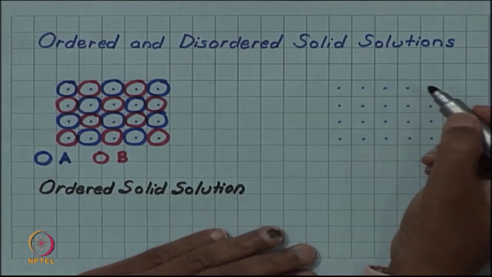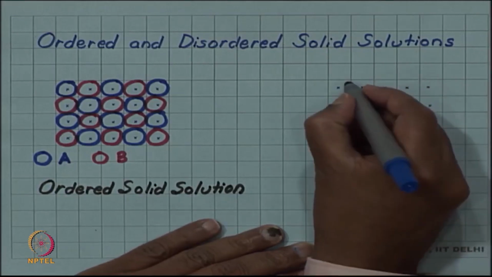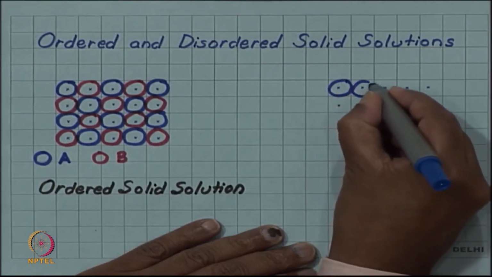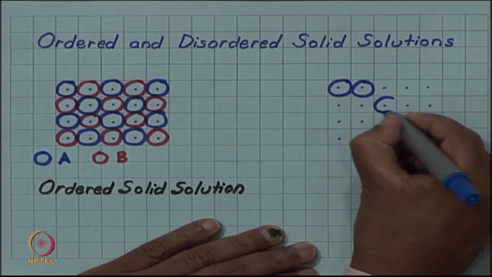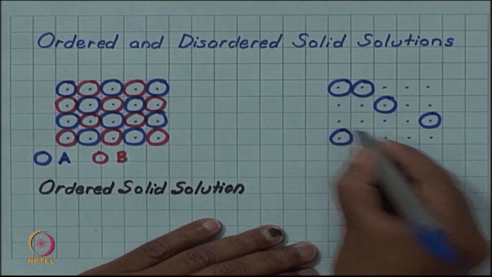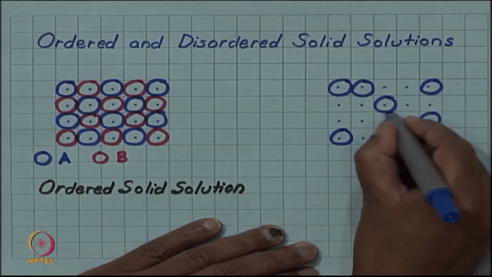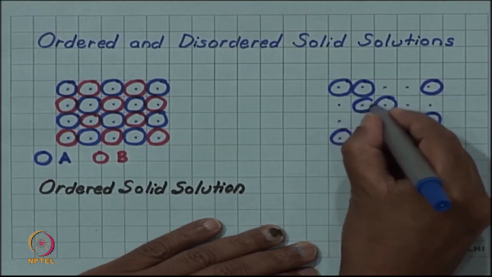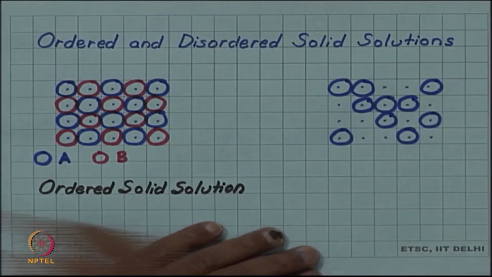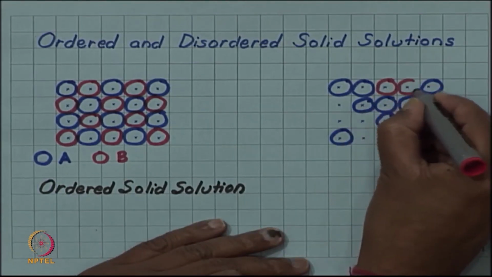In the second example, let us again put 10 A atoms and 10 B atoms, but now we do that randomly. So, I randomly select 10 sites as A, so these are 10 A atoms, and then I place on the remaining 10 sites the B atoms.